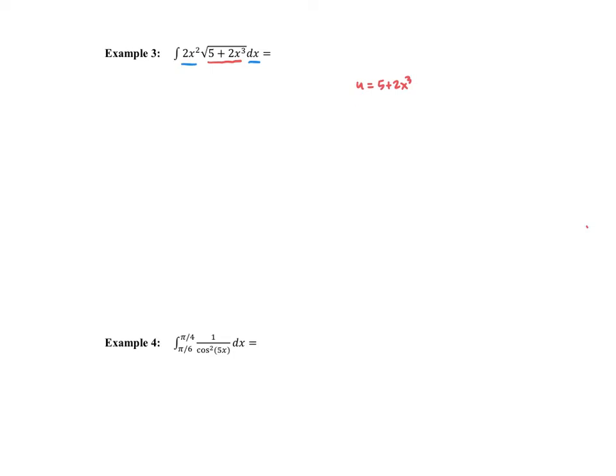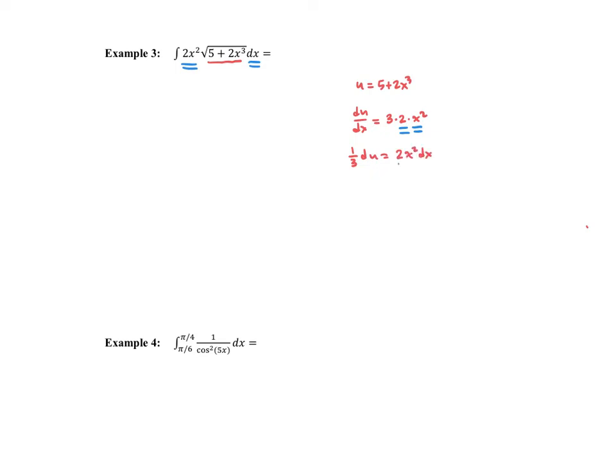So let's find du dx. du dx is equal to 3 times 2 times x squared. The reason I didn't write that as 6x squared is because I can see that I have a 2x squared dx here. I'm going to write this as 1/3, getting the 3 out of there. du is equal to 2x squared dx.